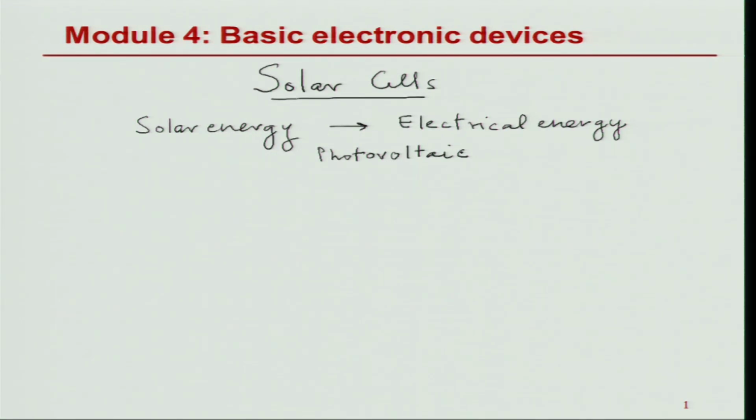What I am going to cover in today's lecture is what is a solar cell, and what are its basic operating principles. Then, since we have covered the PN junction in great detail, I will cover a simple single PN junction solar cell, and that will help in understanding the operating principle.